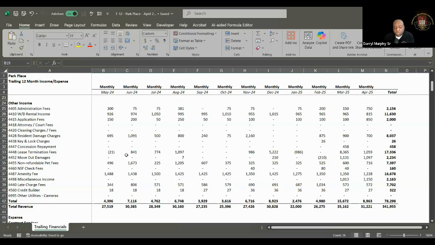By looking at this T12 other income, do you see anything that stands out that you may want to ask questions about? Or you may say, hey, I'm not going to include this in my underwrite. Take a look at that and tell me what stands out that you would want to question, or that you're not going to include in your underwrite.